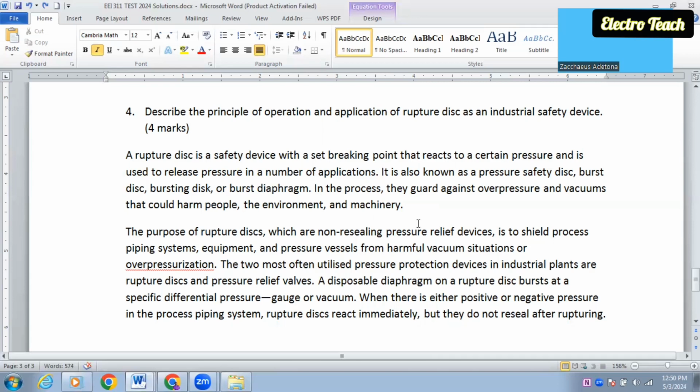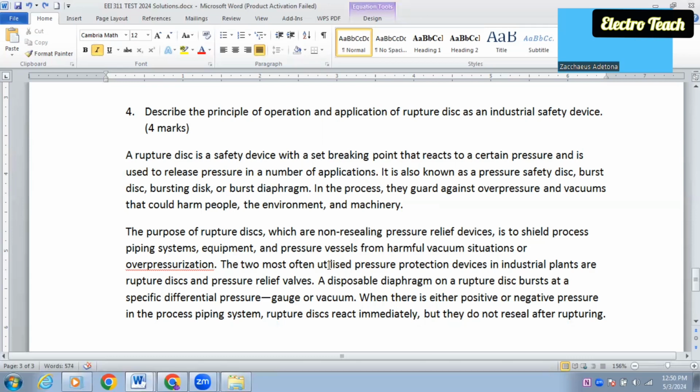In the process, the device guards against overpressure and vacuums that could harm people, the environment, and also machinery. So the device relieves over pressurization or vacuum pressure, under pressurization, so to say.